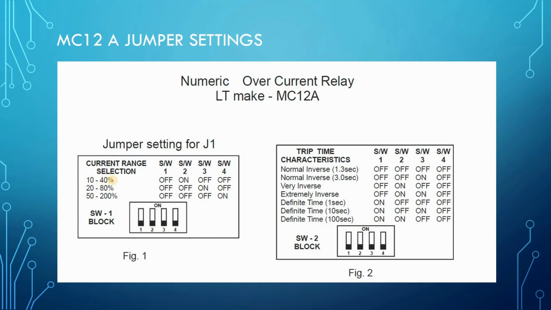So 10 to 40% means our R, which is used in the formula of IS, will be 1. Similarly here R will be 2, similarly here R will be 5. So to get a different value of current selection range, we have to choose this set of settings.